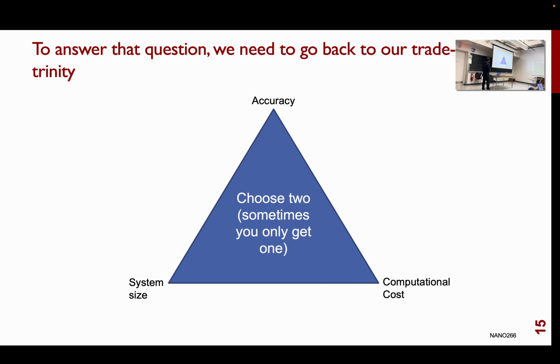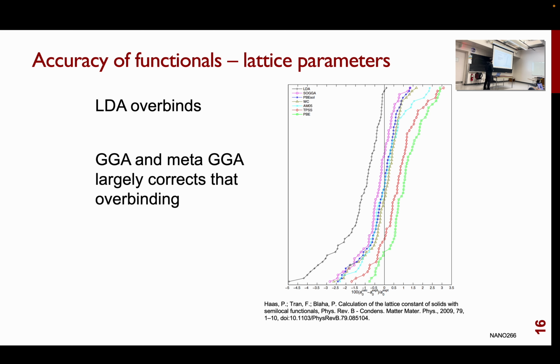Now, as I mentioned before, because LDA overbinds, GGA and meta-GGA largely correct that overbinding. So by default, in most cases nowadays, if you are doing a DFT calculation, you would tend to just go straight to the GGA. It is in very rare instances that you actually choose the LDA functional for any purpose.